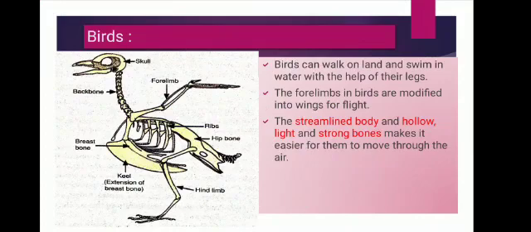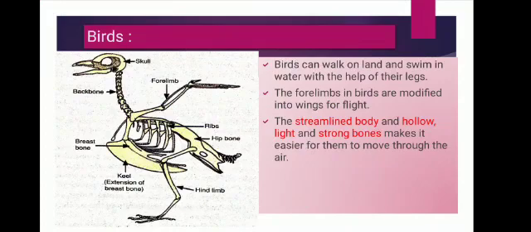Their flight feathers provide a large flat surface which is light but strong. Their bones are hollow and light. Their bodies are streamlined and extremely light. They have powerful flight muscles and their breastbone is extended for attachment of large flight muscles which move the wings up and down.